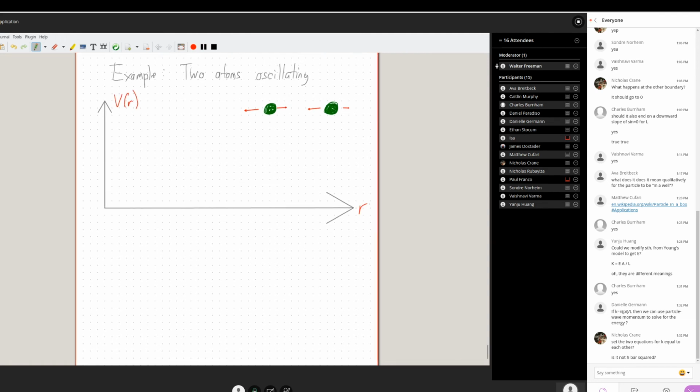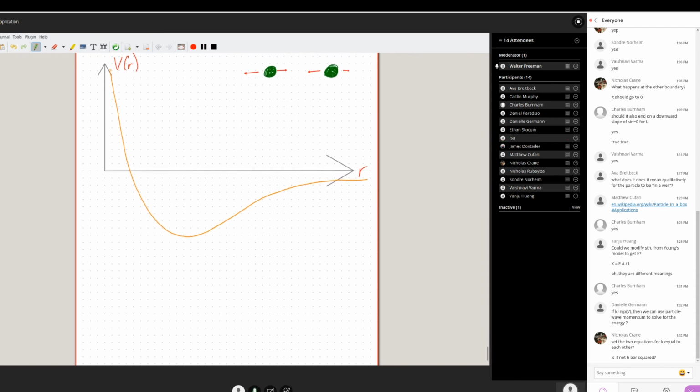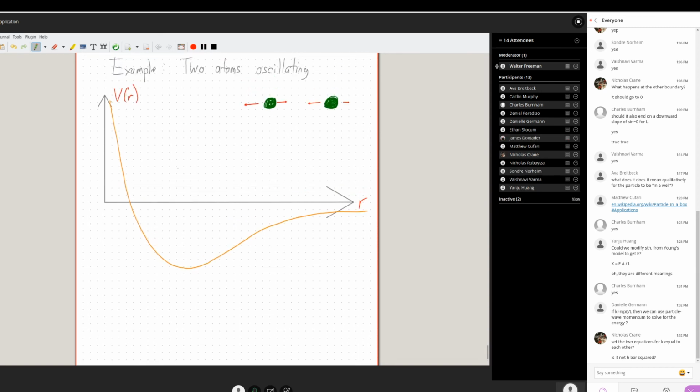And schematically, that potential looks like this. So again, it's potential energy on the vertical axis and radius on the horizontal axis.